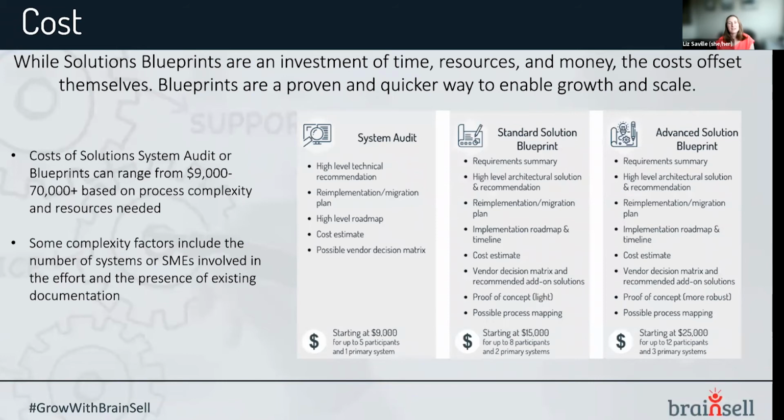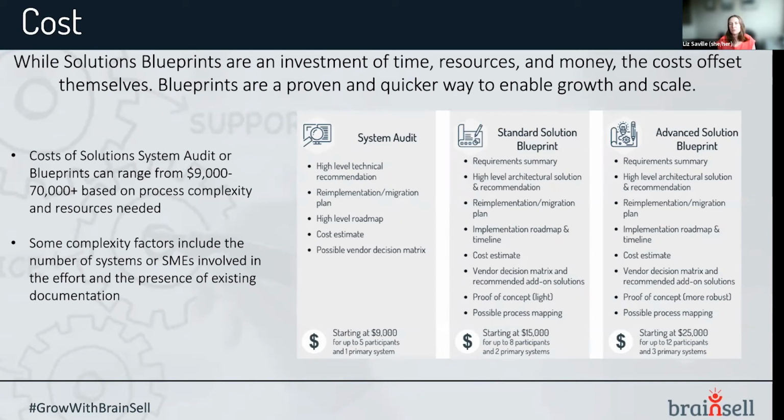And then we have advanced blueprints, which are just what you'd get out of a solutions blueprint, but with even more depth. We would be going through more technology, working with more subject matter expert interviews, and a deeper proof of concept. So those are some of our different buckets. And as you can see here, and feel free to pause, the range would go all the way from a systems audit, which might range from $9,000 to $15,000 or $20,000.